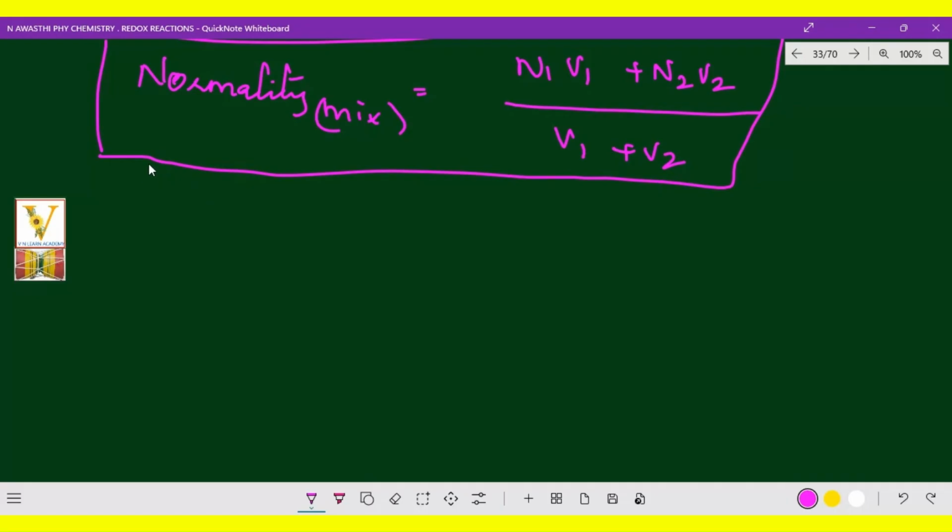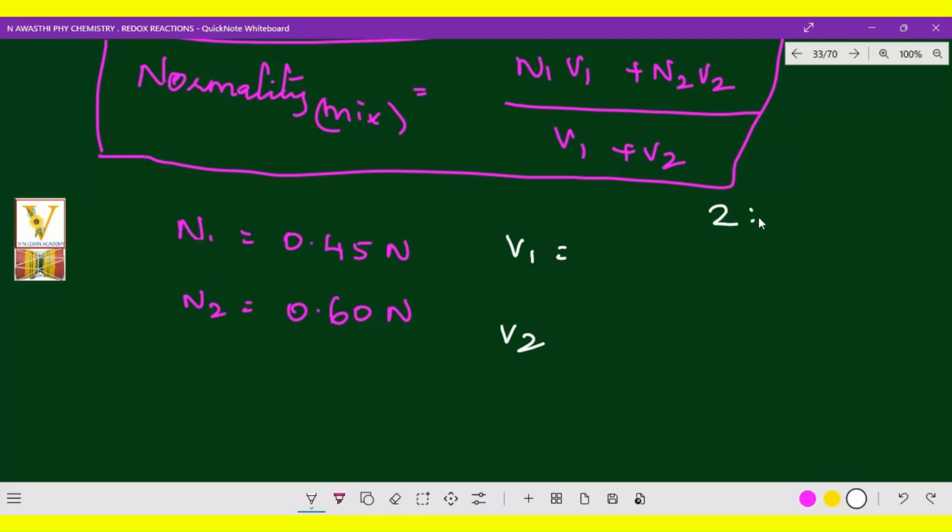N1 equals 0.45 N, and N2 equals 0.60 N. Now V1 and V2: the ratio given is 2 is to 1, so V1 is 2 and V2 is 1. So we got N1, N2, V1 and V2.